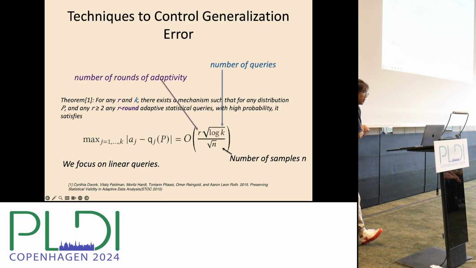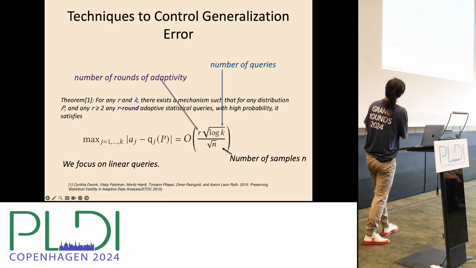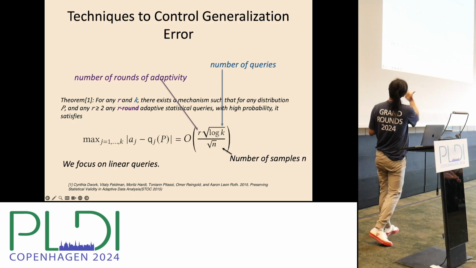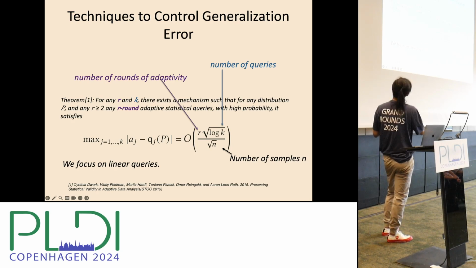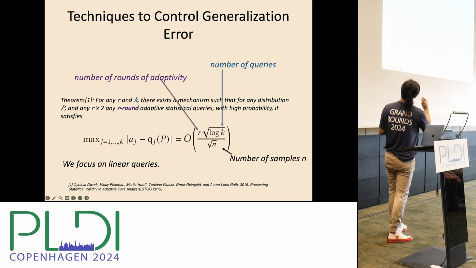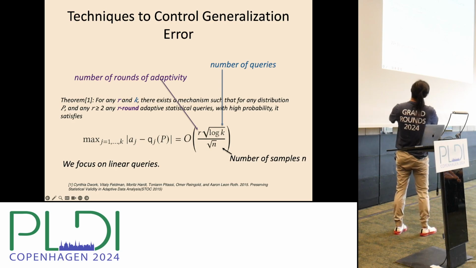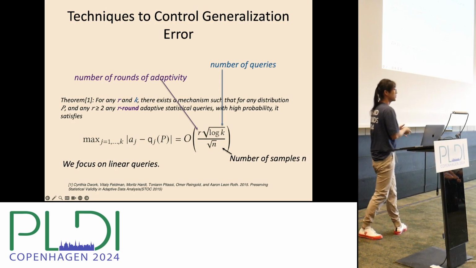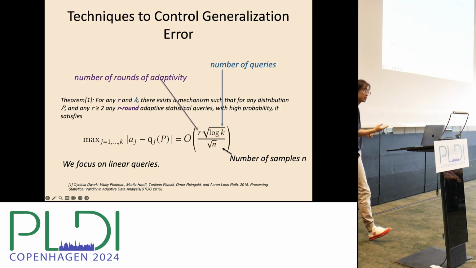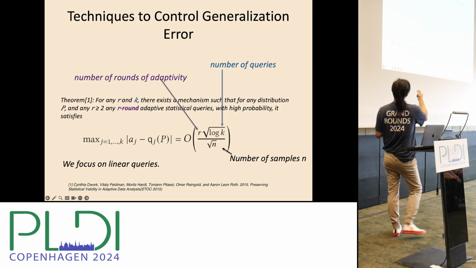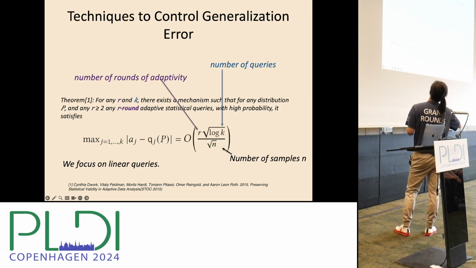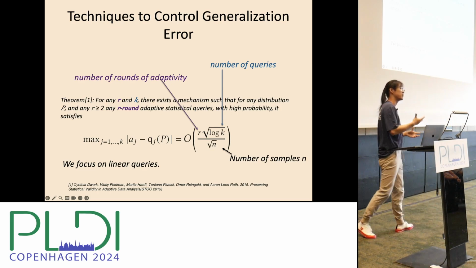So we focus on linear queries. The generalization error of linear queries is related to the maximum of the absolute values of the difference between the predicted result and the original result. According to the theorems from Deepak, these values are related to three factors: the number of sample data, the number of queries, and the number of rounds of adaptivity.